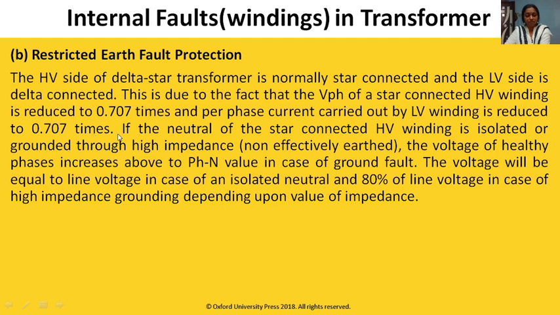Okay, this is VPH equal to VL by root 3, while IL is equal to IPH by root 3. So this is due to the fact that the VPH of star connected HV winding is reduced to 0.707 times.